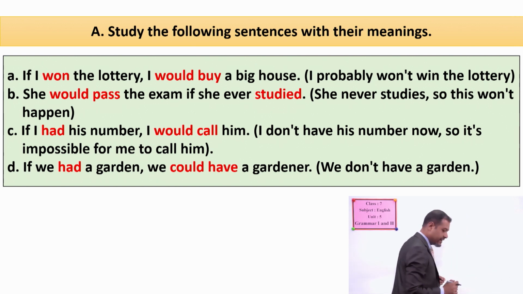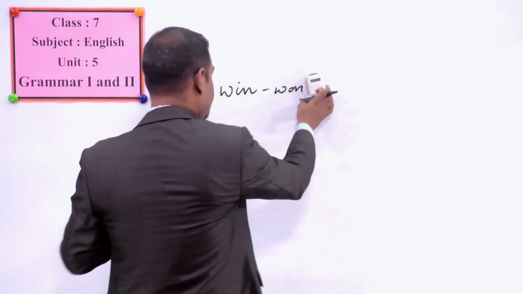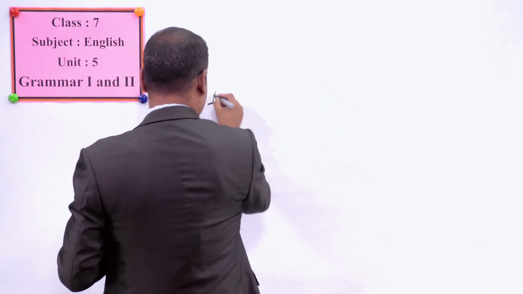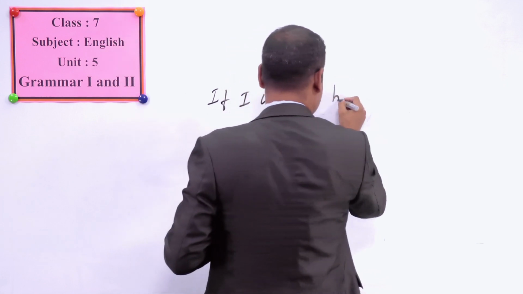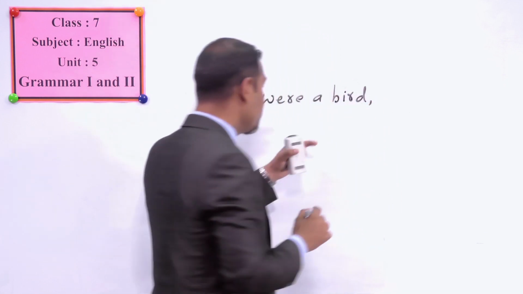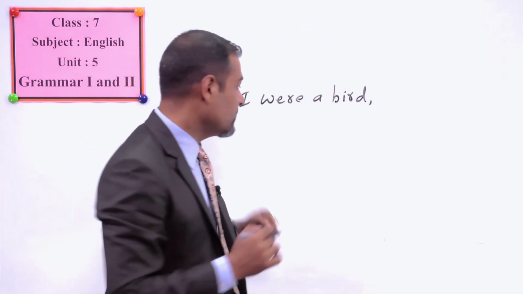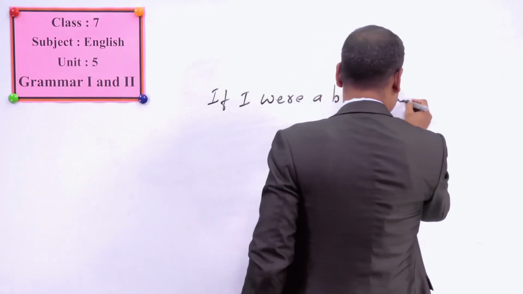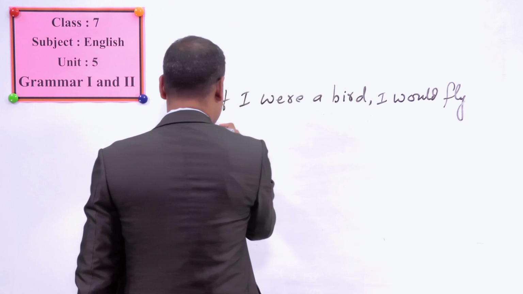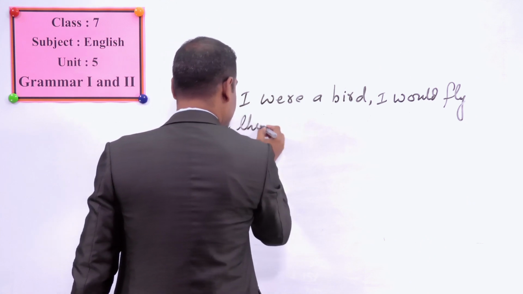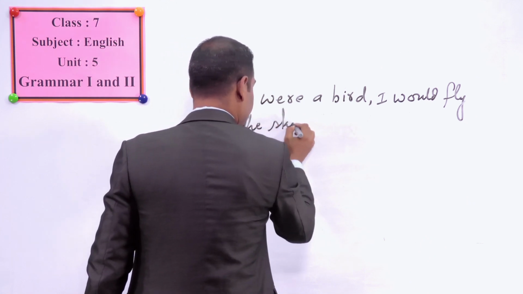For example, if I write down like this, if I were a bird, B-I-R-D, bird, now you have to use a comma there. Then you have to write down, I would fly in the sky.